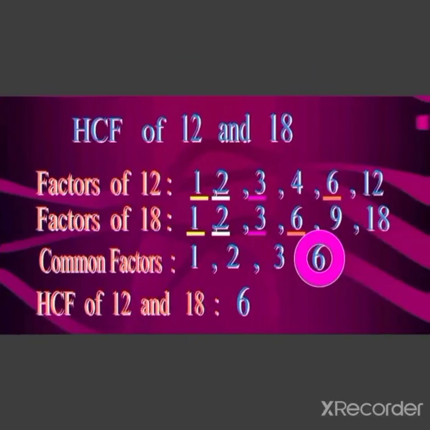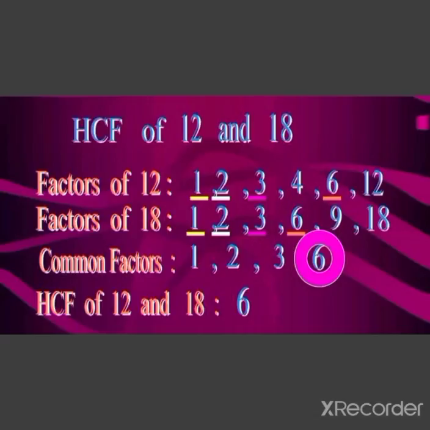Let us take an example. Let us find out HCF of 12 and 18. If we see, the factors of 12 are 1. 1 is always a factor of every number, and the number itself is always a factor of every number.